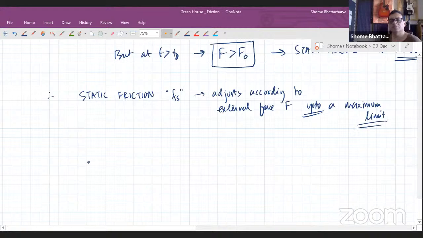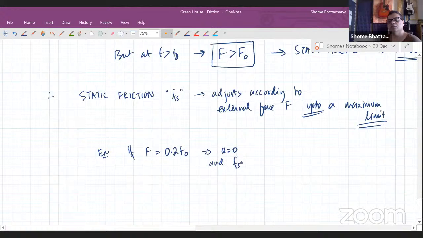Okay, so for example, if F is equal to 0.2 F naught, then acceleration of the block will be 0 and static friction will be equal to 0.2 F naught.